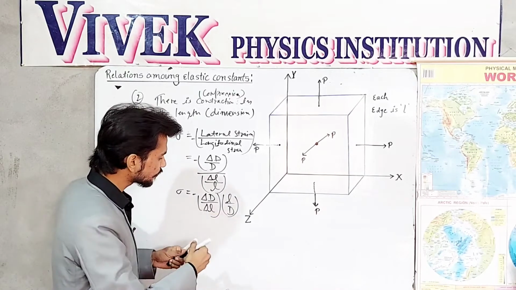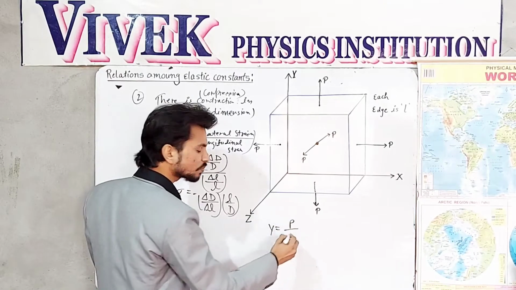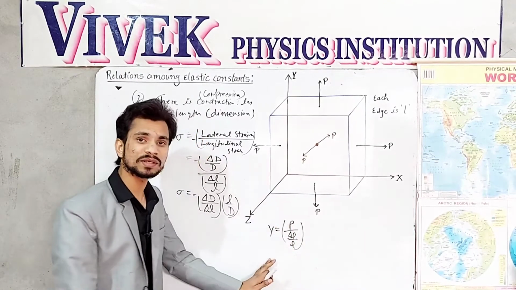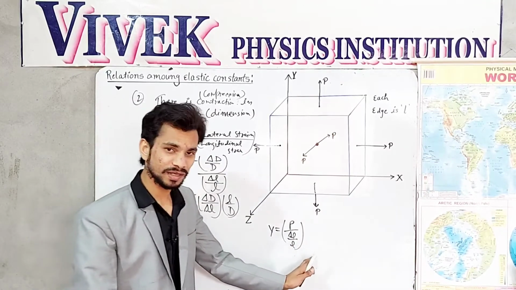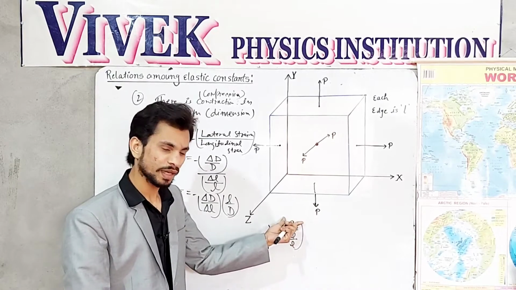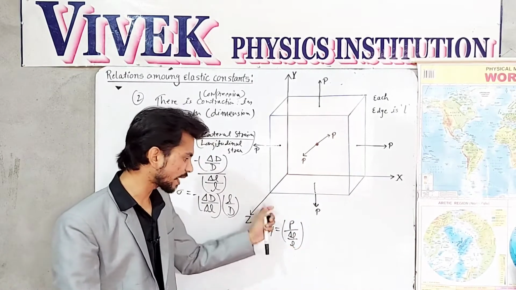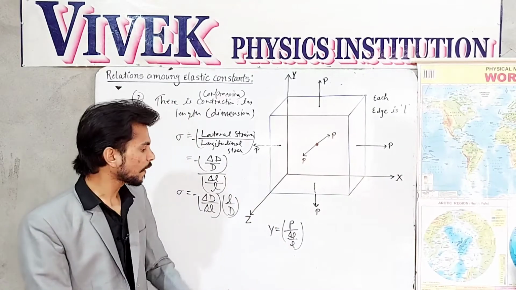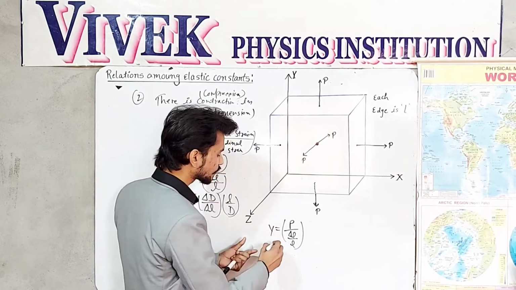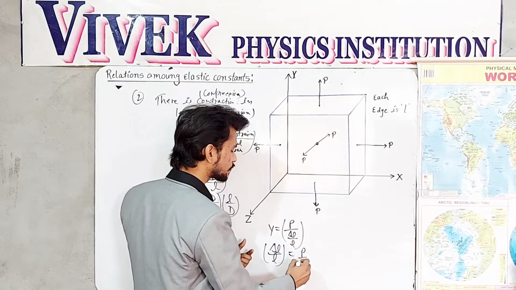If there is a normal stress, then Y equals P over delta L over L. This is Young's modulus for a wire which is undergoing a normal stress P and stretching up to delta L, having initial length L. So this is for that particular case. You can also see here that I can take, in place of delta L over L, P over Y.